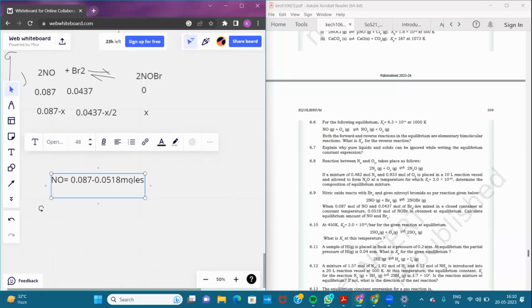And here Br2 equals 0.0437 minus 0.0518 divided by 2. These values I'll just calculate and then give you. This is 0.0352.